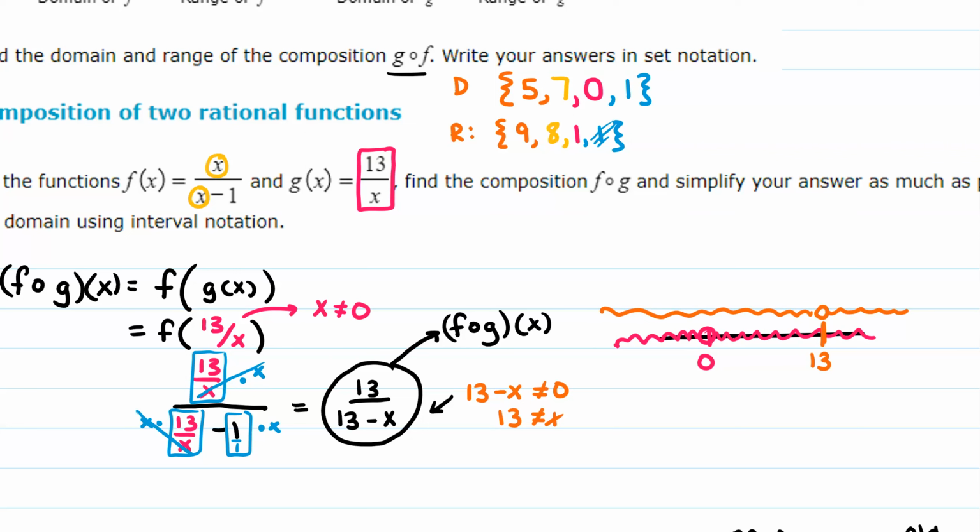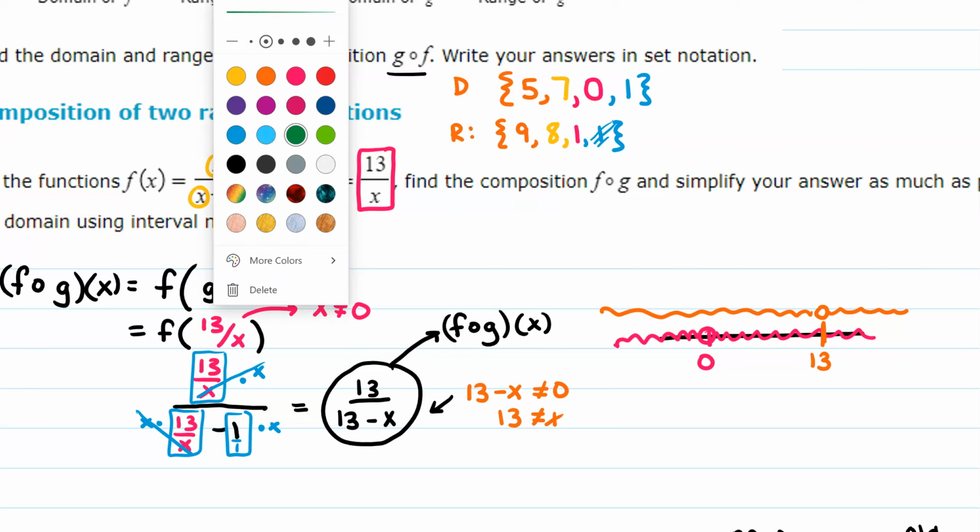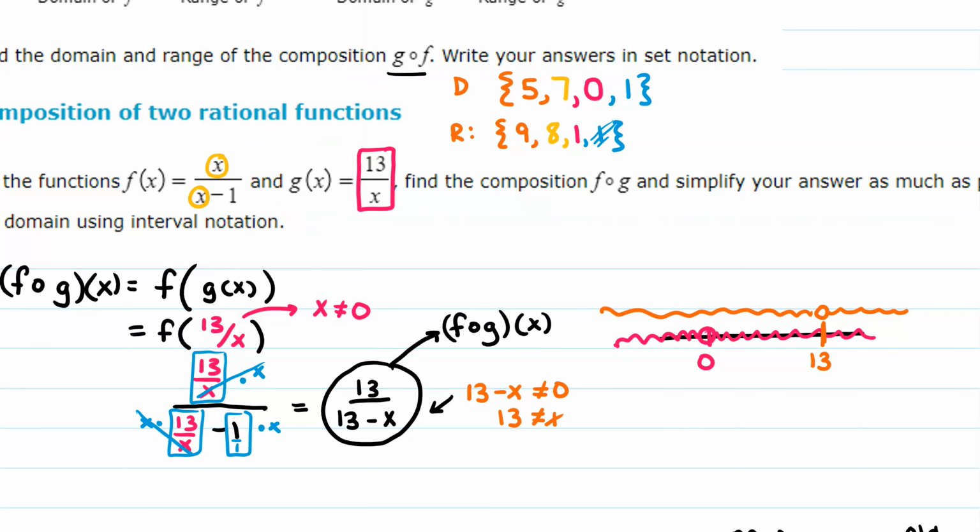So now when you've got more than one restriction on a composition or on a function in general, you find each little restriction and then you find the intersection. So here, if we intersect these, this is double colored, this is double colored, and this is double colored.